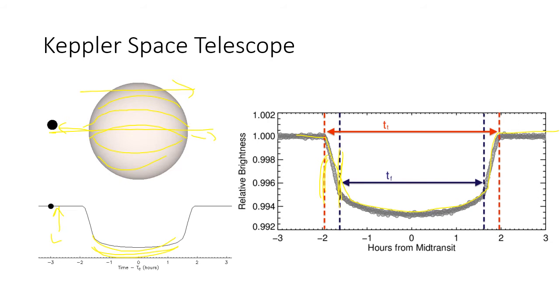There's also other things on the other transition. If the other transition starts off slightly higher and goes down deeper, that means the planet itself is radiating light, and we lose that little bit of light when the planet disappears behind the star.